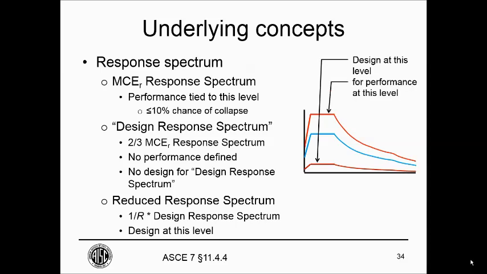The idea is that we're providing performance at this higher level using the concepts of ductile design and considering the ductility factor and the overstrength factor as combined and represented by the R factor. And this 2/3 MC is a step in between. So remember, our performance expectation relates to the MC, and we're designing for something much, much lower than the MC.